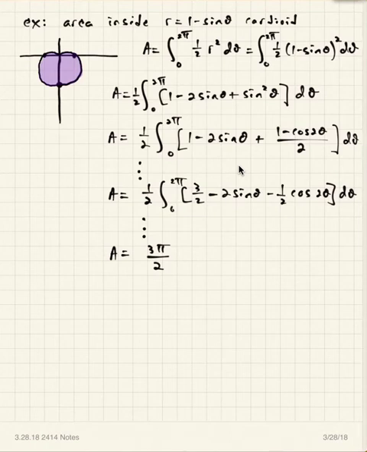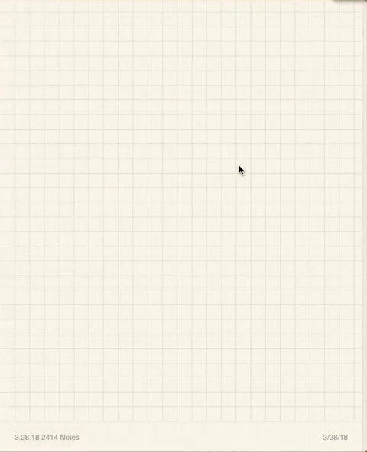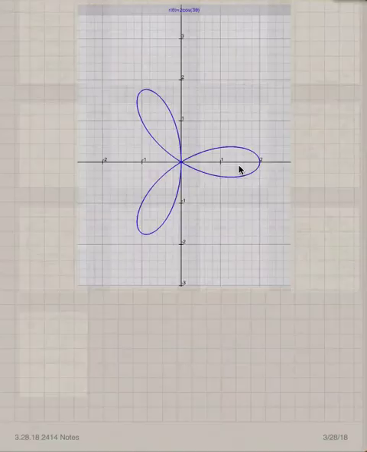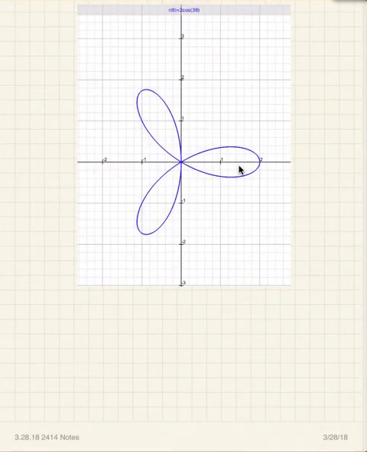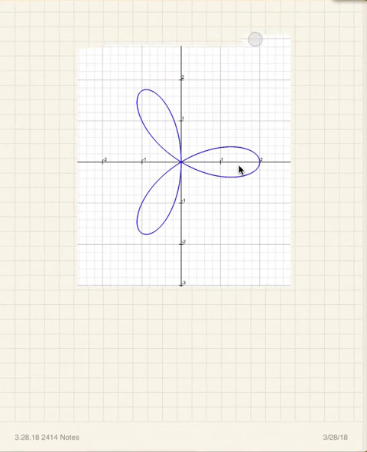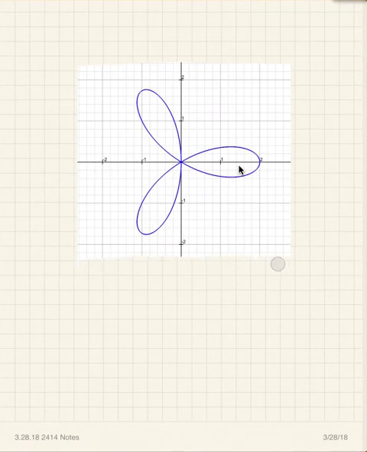So let's look at the next problem, and I already have this graph here. This is our problem right here, the curve. Let me go ahead and actually erase a little bit of this so we get a little bit more room on our screen. Notice we have a rose curve here.